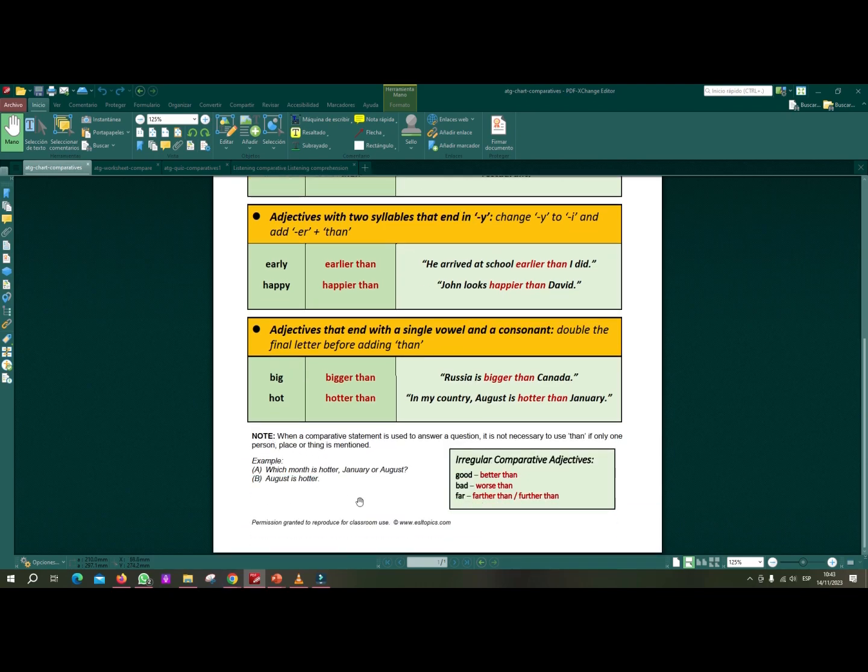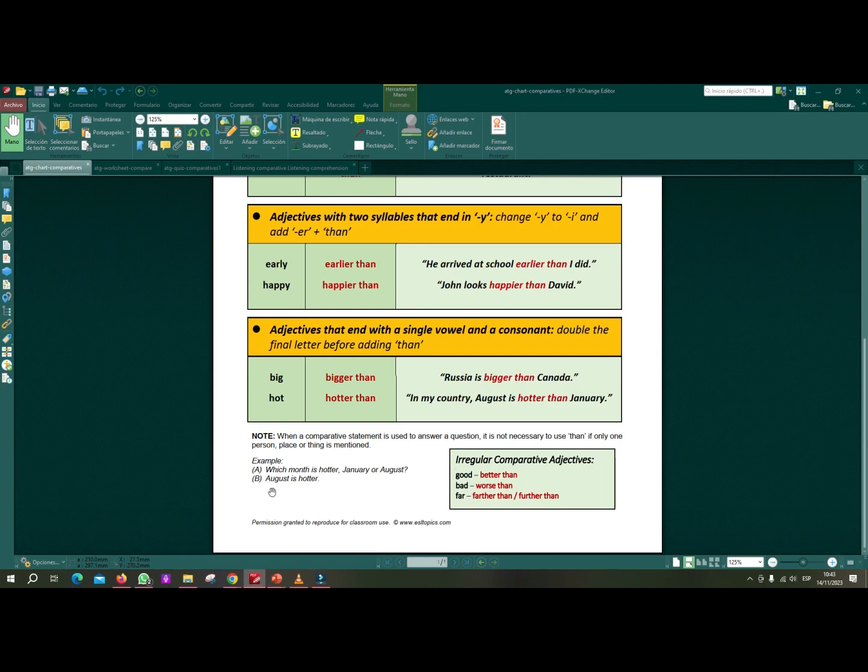Note, when a comparative statement is used to answer a question, it is not necessary to use than if only one person, place, or thing is mentioned. For example, which month is hotter, January or August?